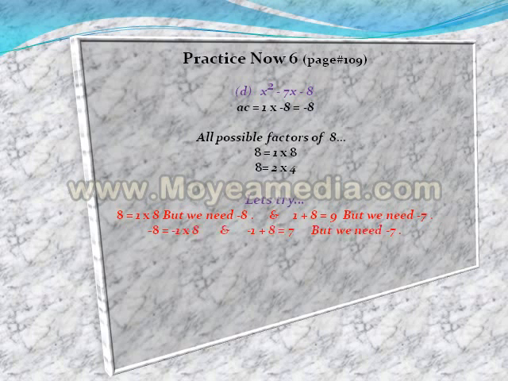If I take minus 1 now, rather than 1 and 8 plus, minus 1 into 8 is minus 8, fine. The first condition is true, which is what we're looking for, AC, which is minus 8. Minus 1 plus 8 is 7, but we're looking for minus 7. B is minus 7. Still the thing didn't work.